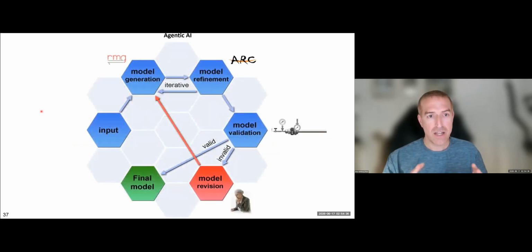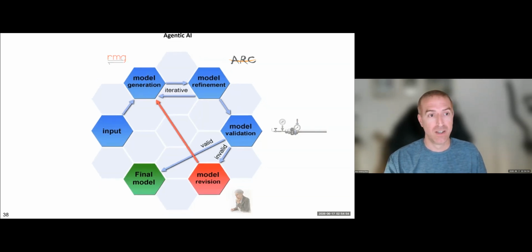To summarize, that's the architecture that we're currently building for predictive chemical kinetics, where users can give input, we generate the model, refine them, we validate automatically, we revise when needed, and everything here is being controlled by agentic AI.